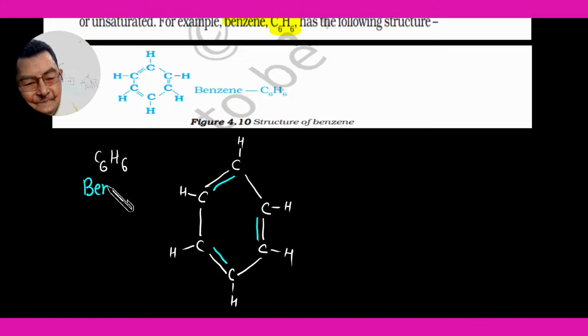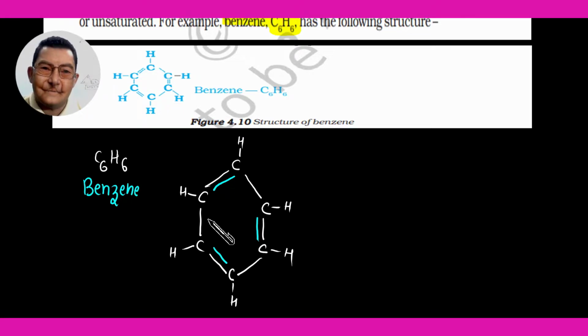Benzene, B-E-N-Z-E-N-E. Suppose someone says, I don't want to put a double bond over here, I want to put a double bond over here. No problem, you can put a double bond over here, but then don't put a double bond over here and here. Put a double bond here. So you can have three double bonds at this position, or at this position, but all of them are called benzene.